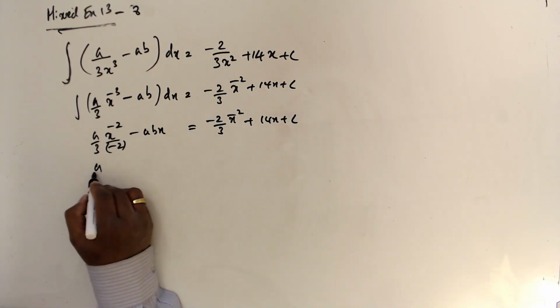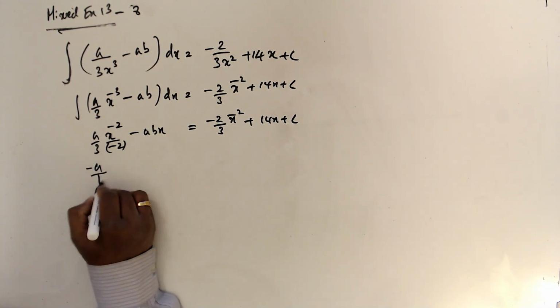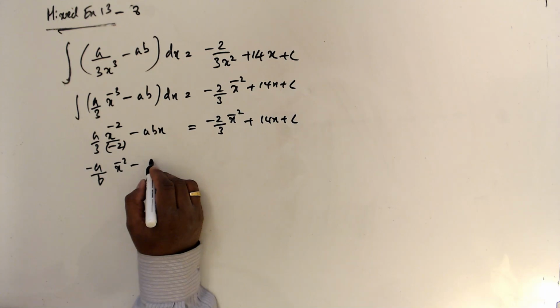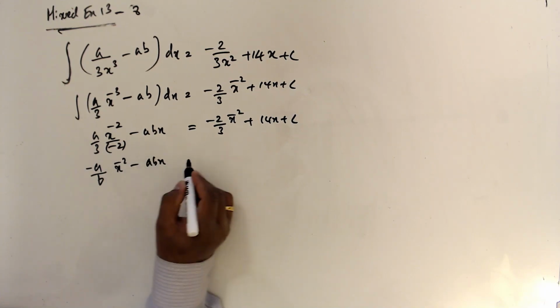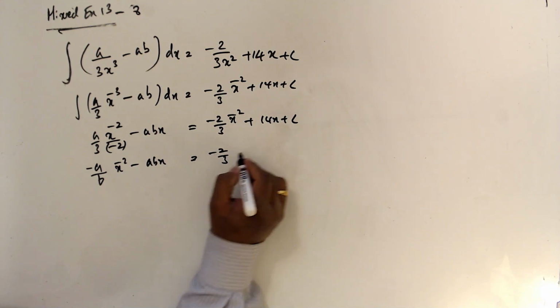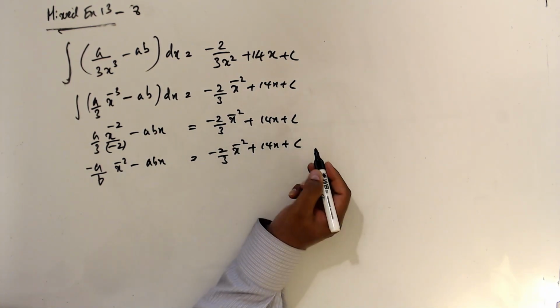So this is a minus a over 6, 2 times 3 is 6. That is minus x minus 2, minus abx equals minus 2 over 3x minus 2 plus 14x plus c.